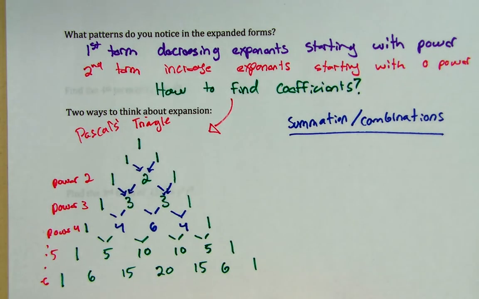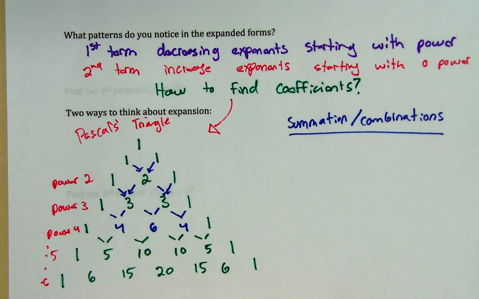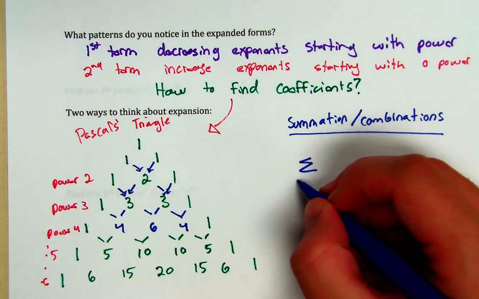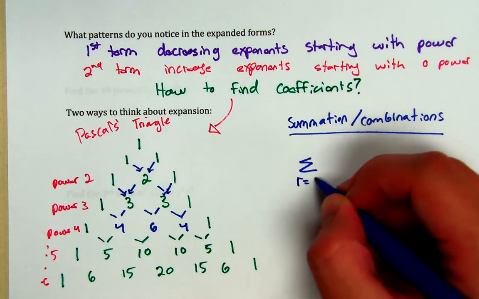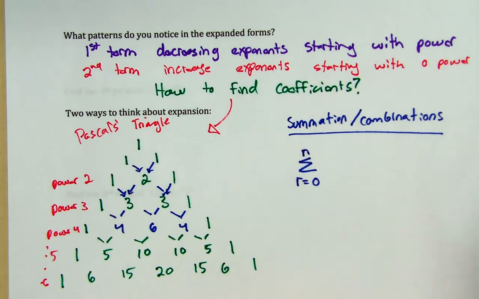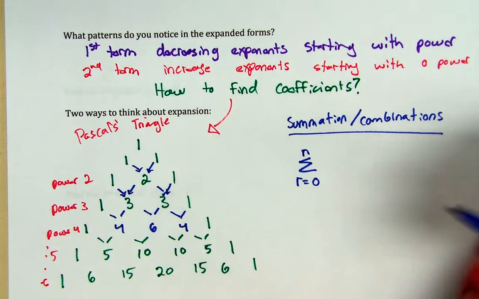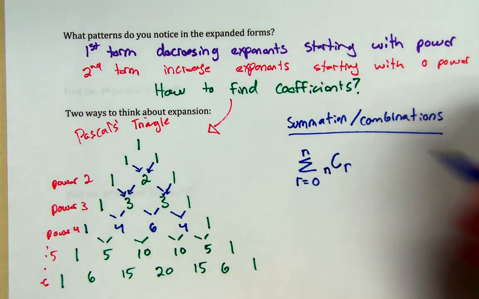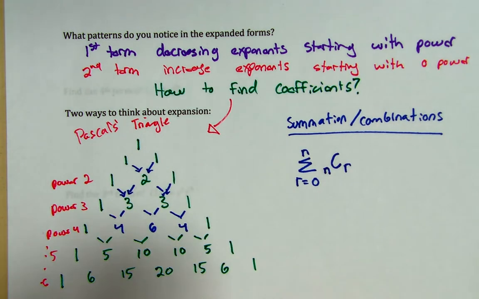So think about this. We started with 0. We ended with the power, with x. So if I want to do the sum, I'm going to start with r equals 0. I'm going to use r for a reason, and you'll see in a second. I'm going to go to the power n. These terms are all from the formula n choose r, which is in your calculator, and I'm going to show you it on the back side when we get to those.